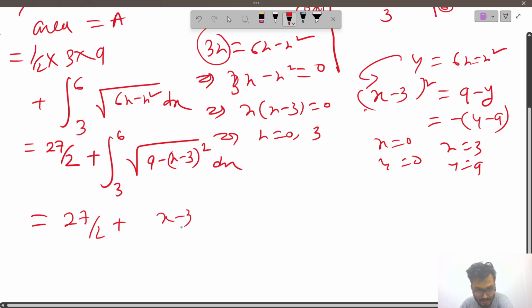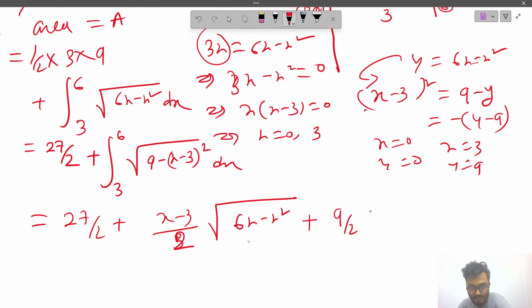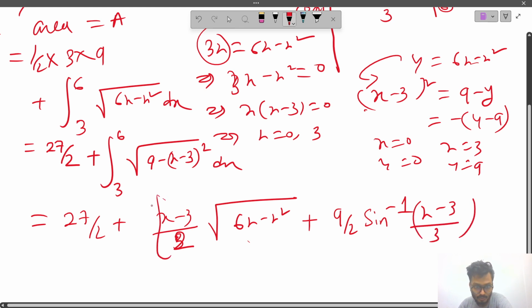This is (x minus 3) by 2 root of 6x minus x square plus a square by 2, that means 9 by 2 sine inverse of (x minus 3) by 3, from 3 to 6.